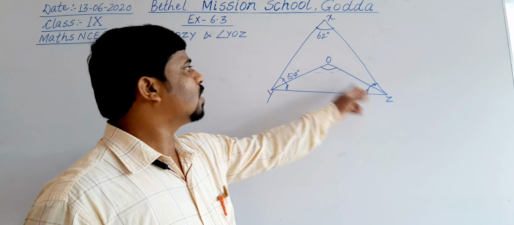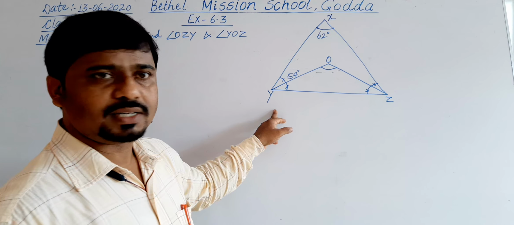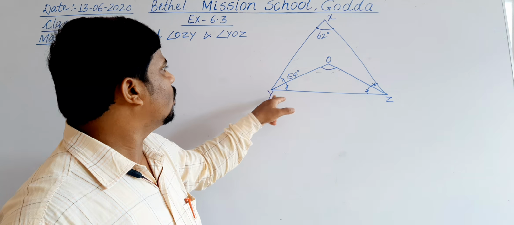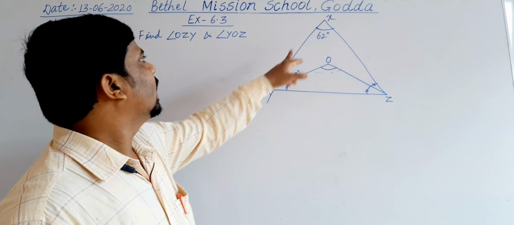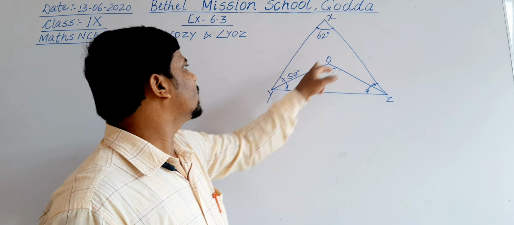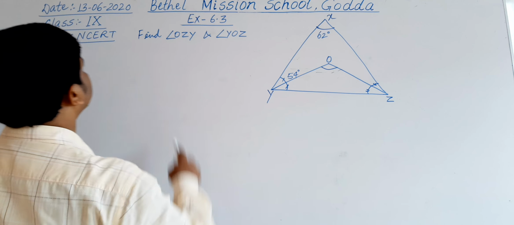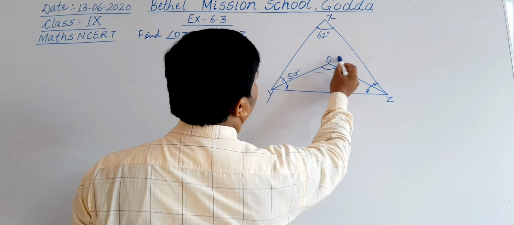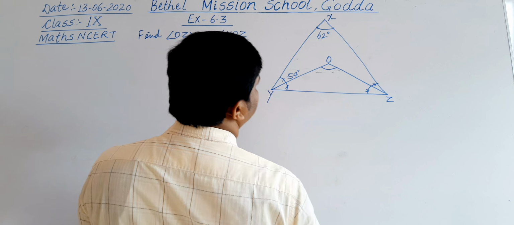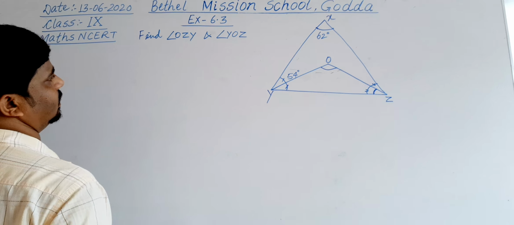YO and ZO are the bisectors of angle XYZ and angle XZY respectively, and YO and ZO meet at the point O. Angle X is given as 62 degree and angle XYZ, this whole angle, is 54 degree. Then we are asked to find angle OZY, this angle.